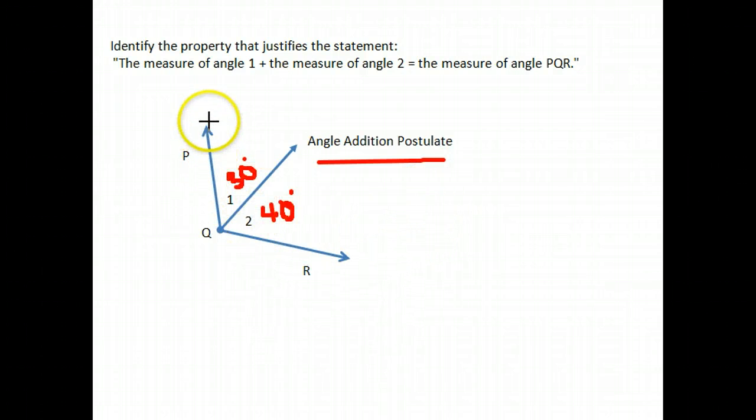We would know that angle PQR, so this angle going from P down to Q out to R, would have to be those two put together. It would have to be 30 plus 40, or angle 1 plus angle 2.